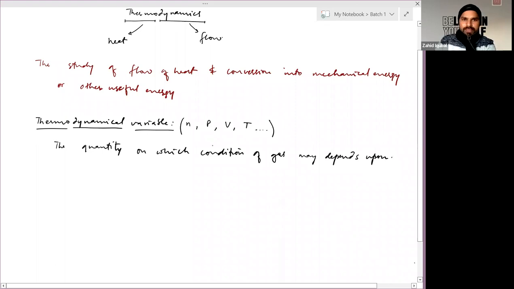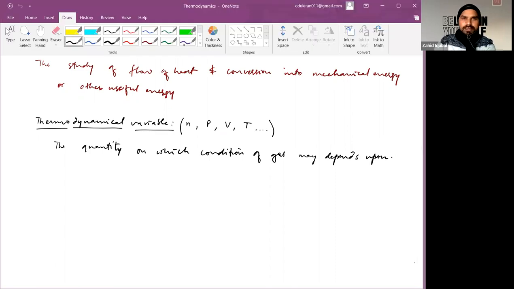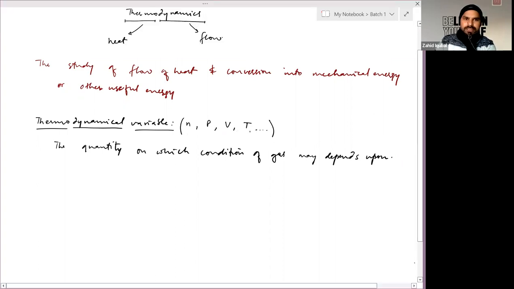Now to define the relationship, which states simply the condition of gas at any instant, we may arrange these different thermodynamical variables in a fixed manner or fixed equation, which is called equation of state.